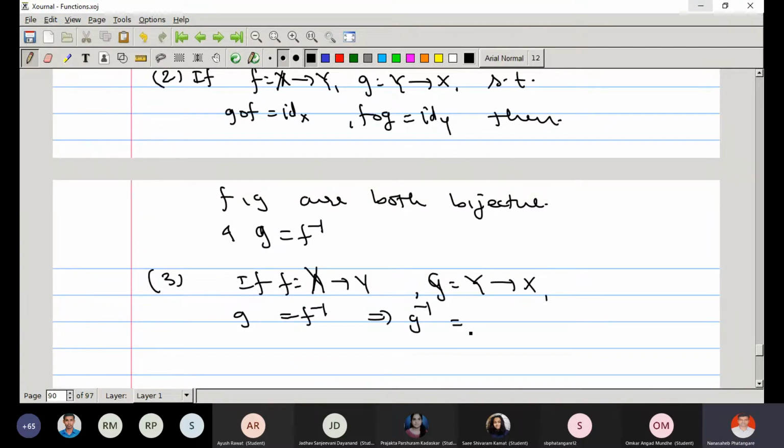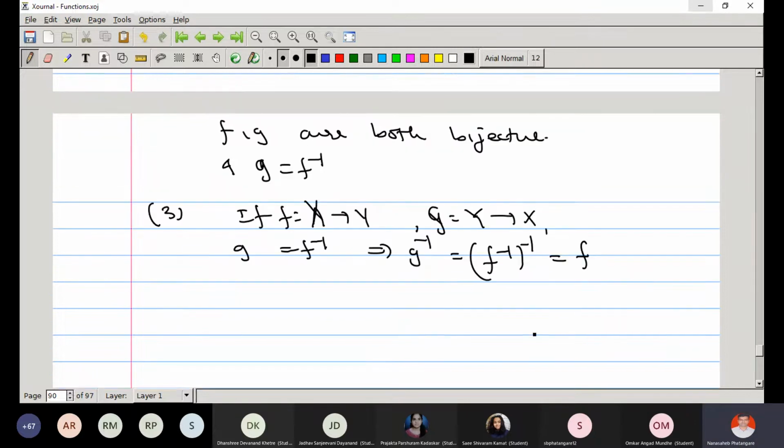What is g inverse? f. Inverse of g is f, right? That means g is f inverse, and we are looking at the inverse of it, so it is f. So can you prove this? That is a proposition.